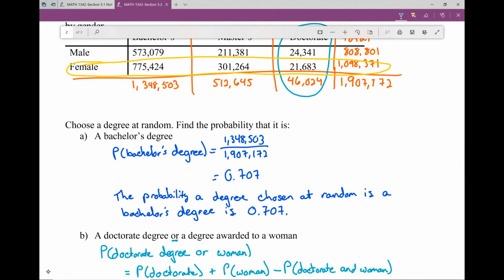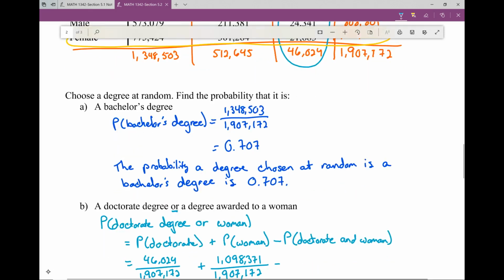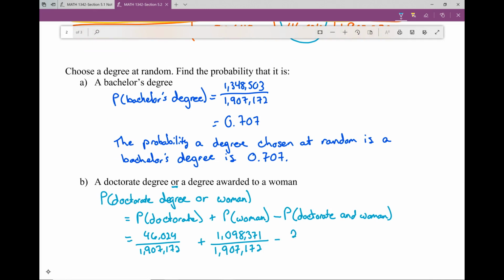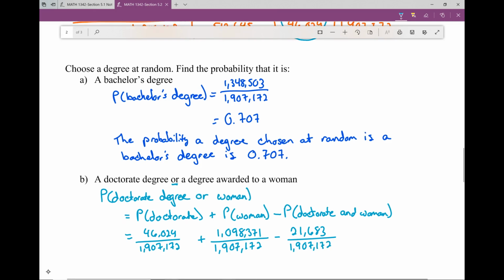But again, these 21,000 right here have already been counted in the doctorate and in the female, so I need to subtract those out. So I'm going to subtract out 21,683 out of my 1,907,172 people.